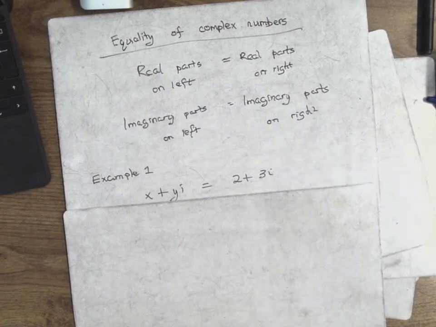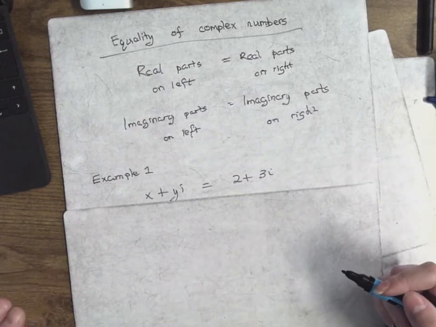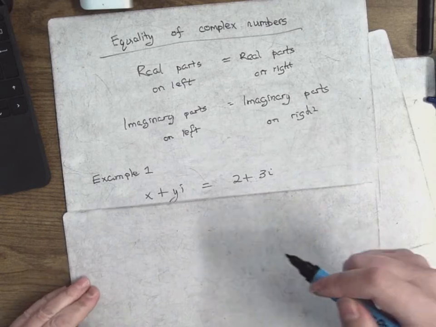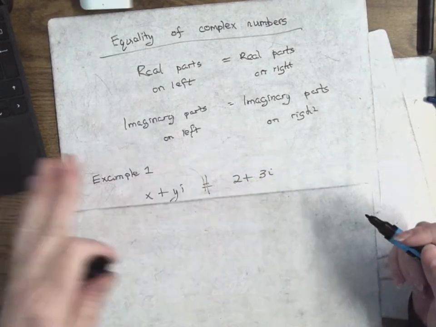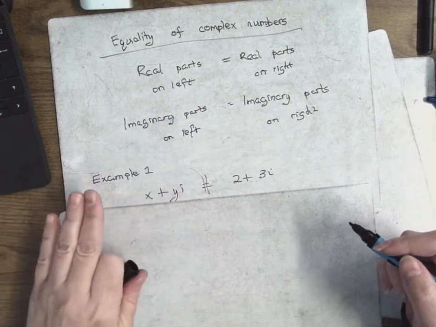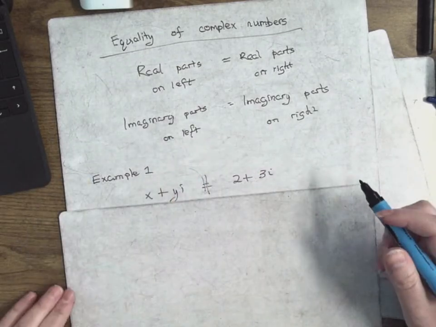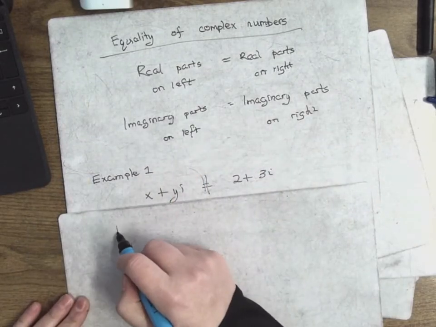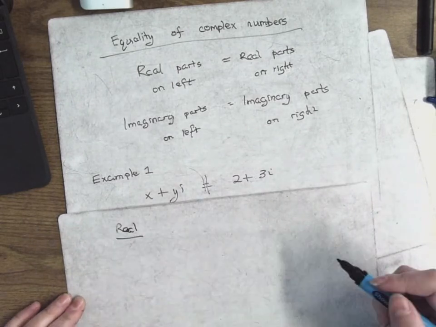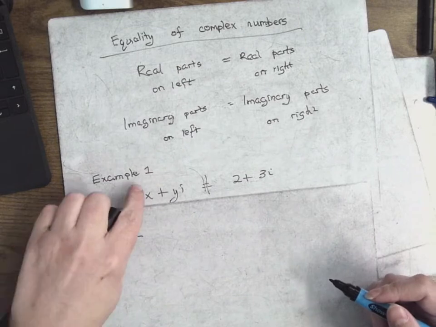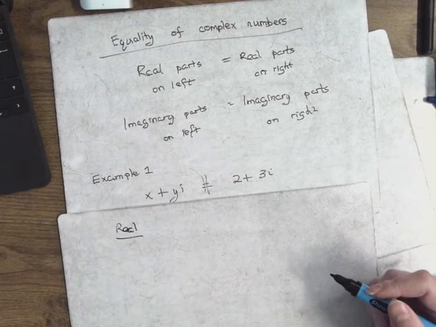Okay, are you ready? So, when I say the left hand side and the right hand side, girls, remember the equals divides the left from the right. Okay, so this is the left hand side, this is the right hand side. So what you do is to solve this, the question is solve for x and y. You pick out the real bits on the left. So the real bits have no y's, right?